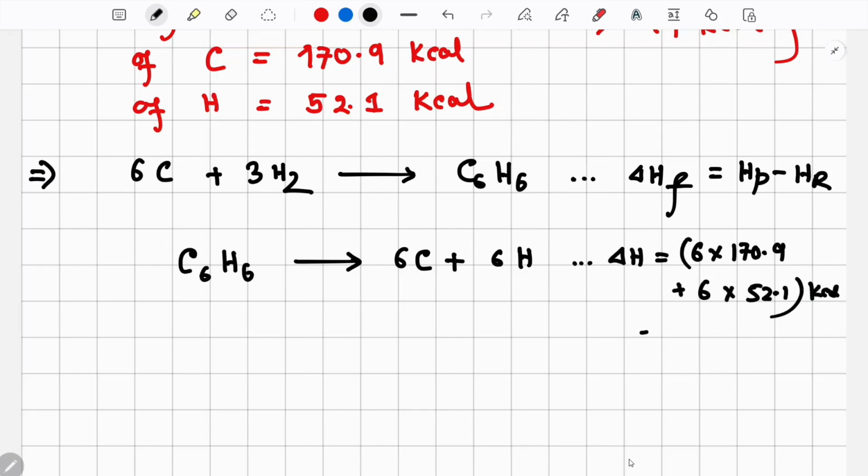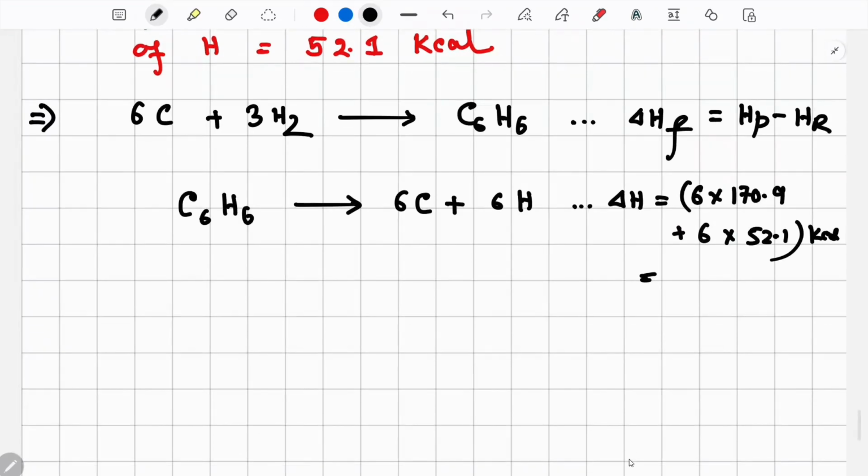Calculate it. 1338. And for benzene, I got 1512.